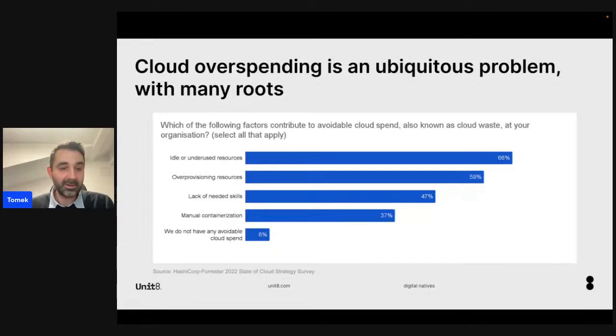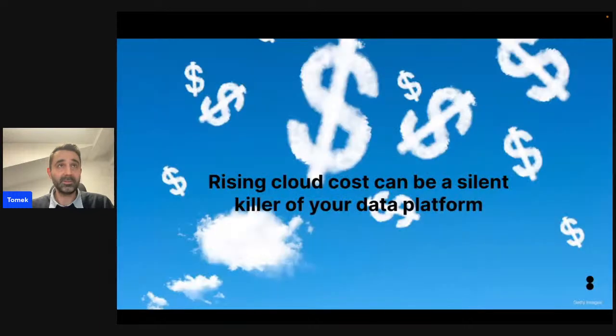Think your SageMaker instance running idly with a big GPU reserved and no one utilizing it. Over-provisioned resources, your super large Spark cluster reserved for processing a few megabytes of data. Lack of necessary skills, things like manual containerization, and only 6% of the companies say that they don't see any avoidable cloud spend.